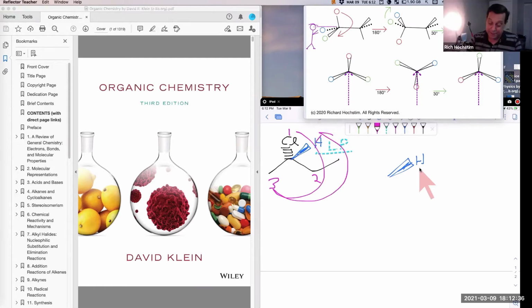So that means this will be S. We do it opposite because it's fastest. We do it opposite because the low priority group is coming out. So when you have the low priority group coming out, what you're going to do is do it opposite.